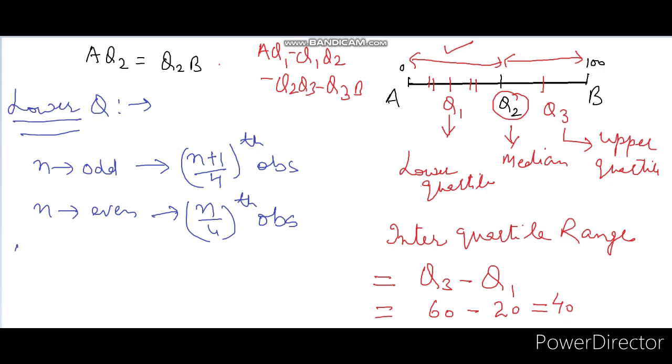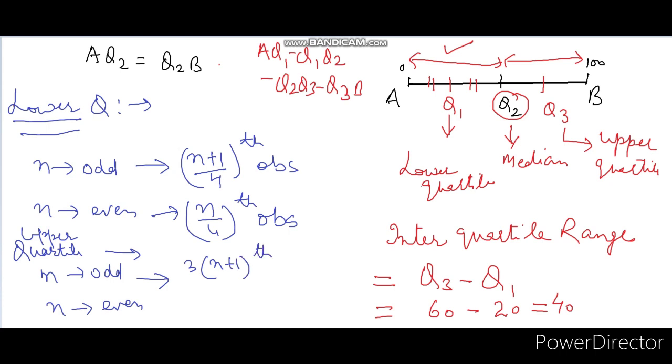Students, now let us move to the upper quartile. Here we again need to see the formulae when n is odd and when n is even. When n is odd, what is the formula for the upper quartile? See the formula very carefully: 3(n+1)/4th observation will be your upper quartile when n is odd.